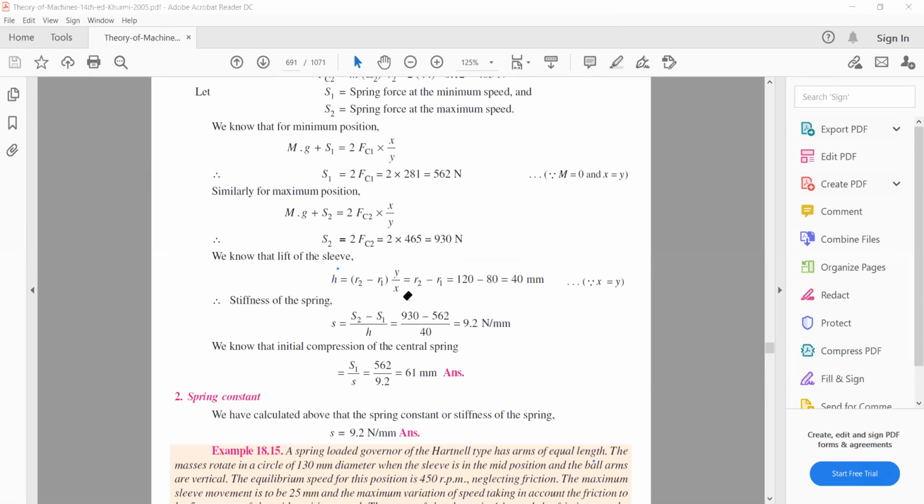Now S1 is known and S2 is also known: S1 is 562 Newtons and S2 is 930 Newtons.